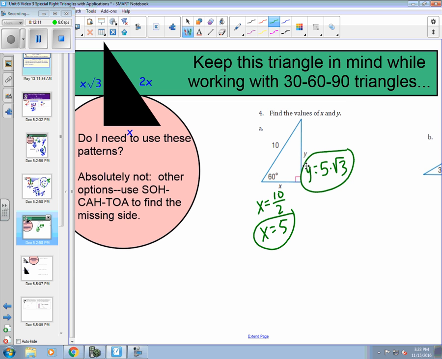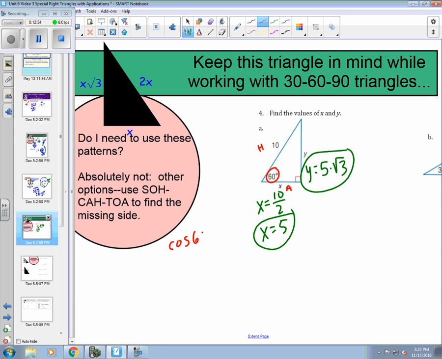Now, just to show you that these do in fact work as well, you could do trigonometry to help you do these as well. All that trig stuff we talked about should still apply. For example, on this one, get your hypotenuse, and if we're using the 60 degree angle, that would be our adjacent side. We could set up a trig thing to help us do the same thing.